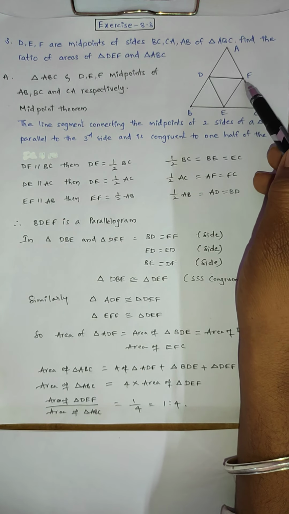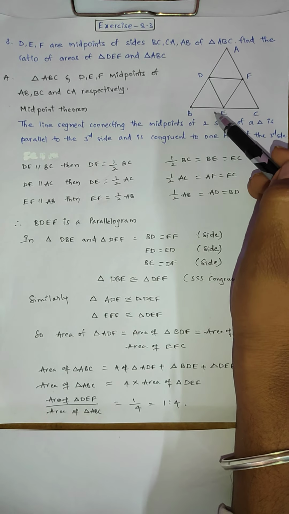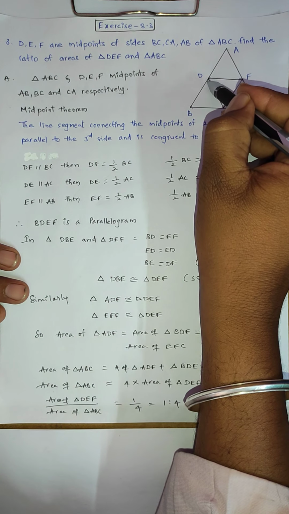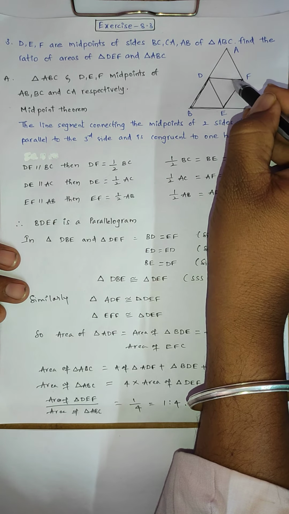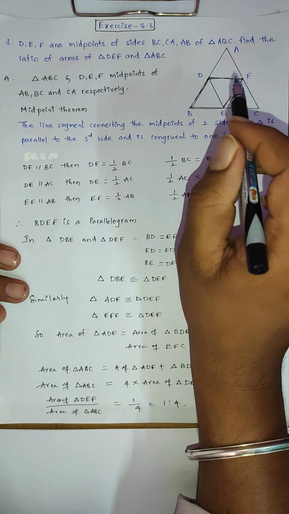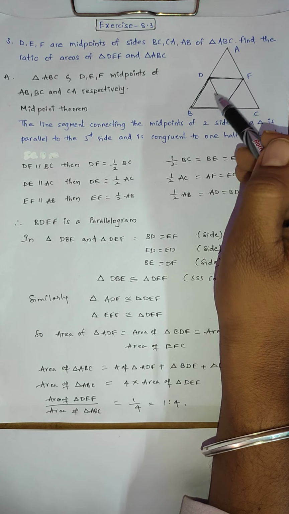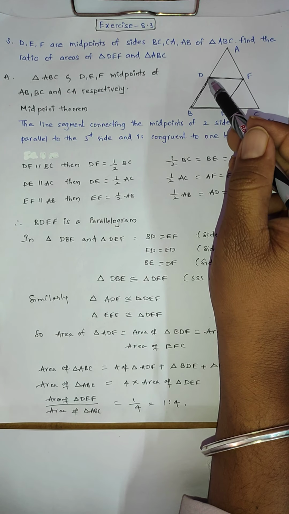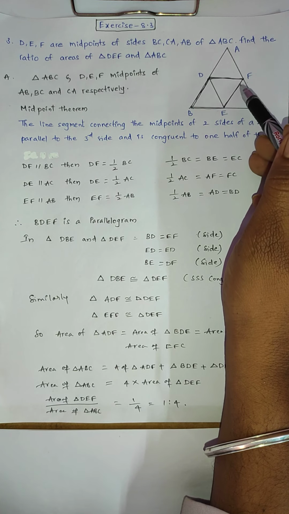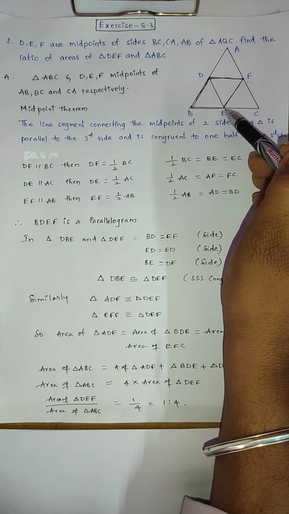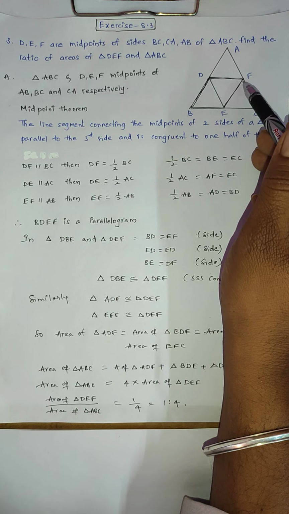BD, EF, DF, BE. Observe, this is a parallelogram. Understood? In this parallelogram, we know that DF length and BE length are equal, and BD length and EF length are equal. This is the diagonal of the BDEF parallelogram.